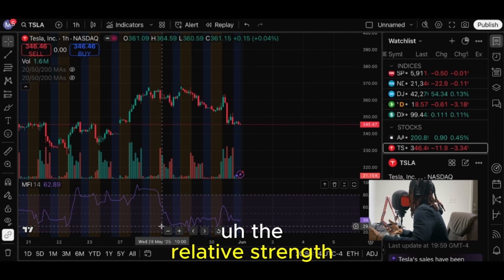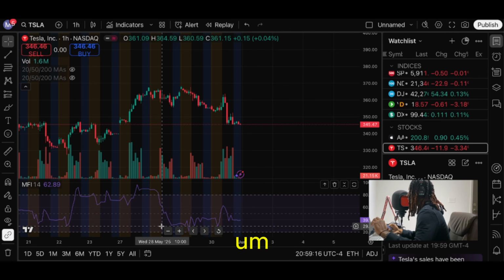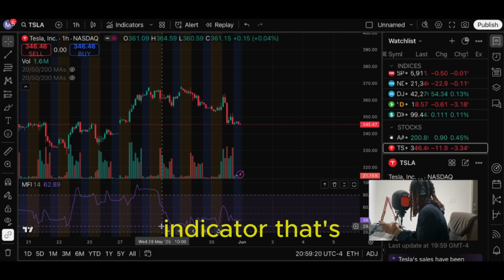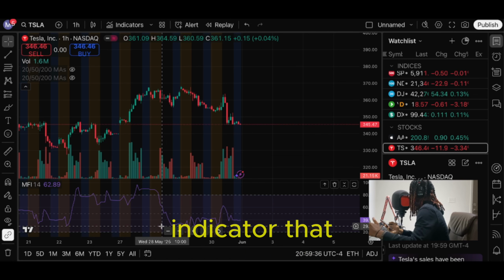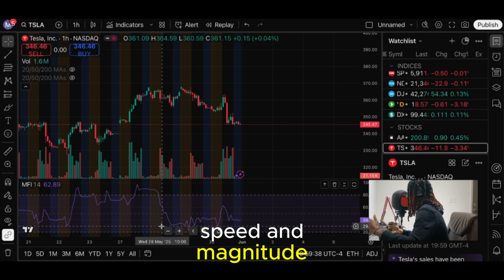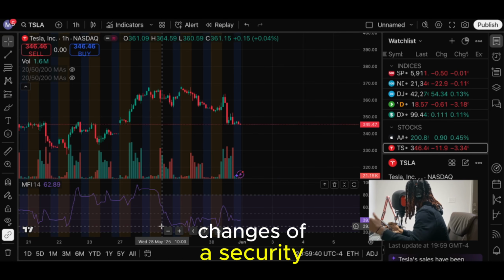The relative strength index, or the RSI, I'll give y'all the textbook definition of that too. That's another indicator that's widely used as a divergence indicator. The relative strength index is a technical analysis indicator that measures the speed and magnitude of the recent price changes of a security.